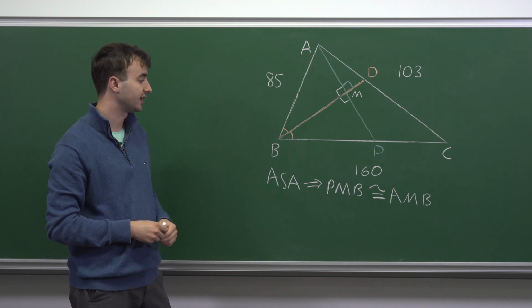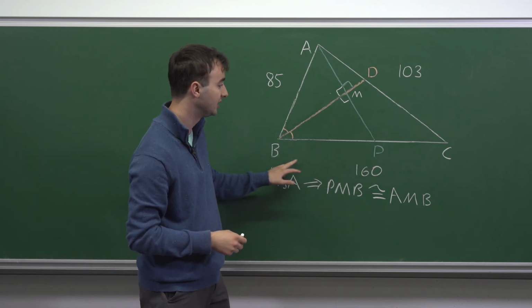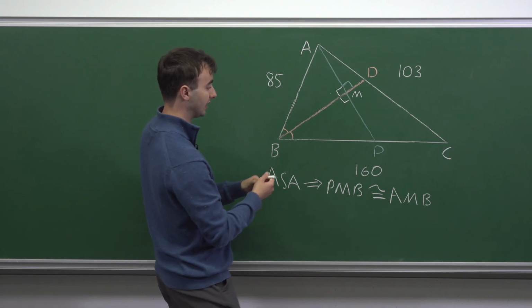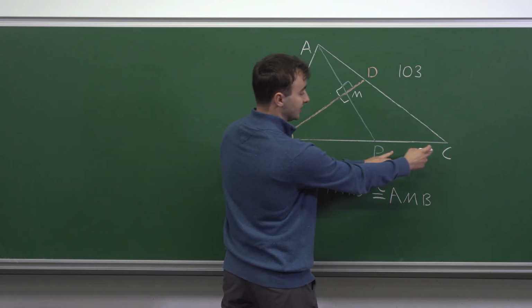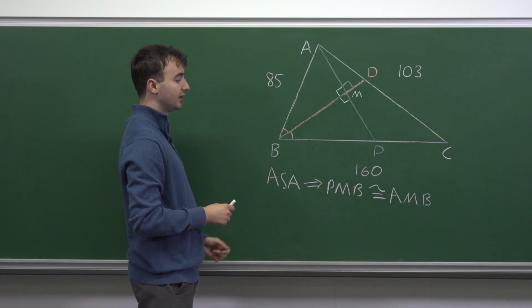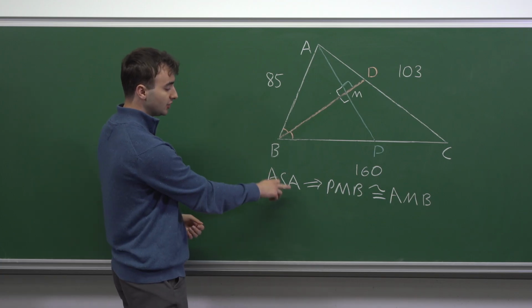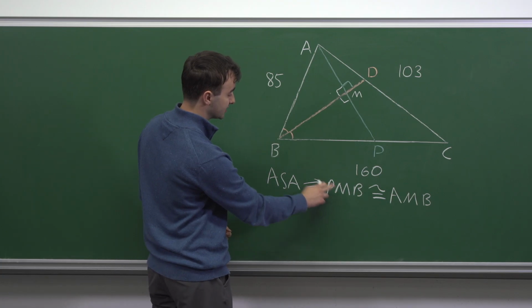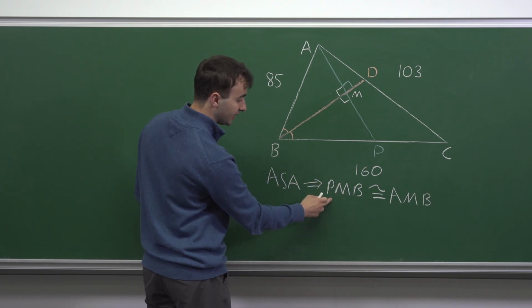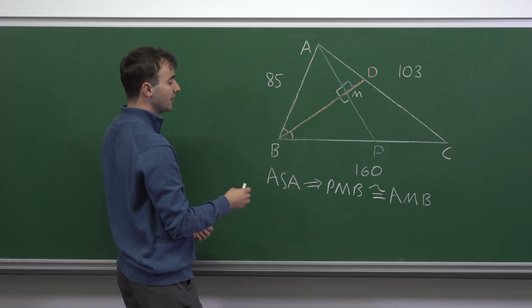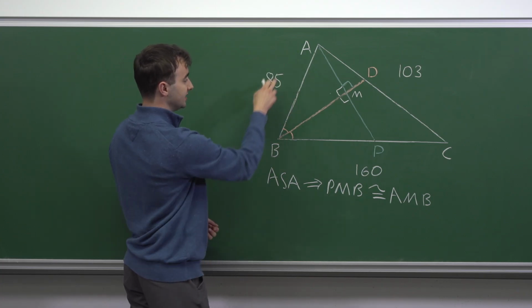Another thing we're asked is whether P is the midpoint of BC. Now, if we can calculate the length BP and PC, we could check whether P is the midpoint. Again, due to this pair of congruent triangles, we have BP is the same as BA. And we're given that BA is 85.